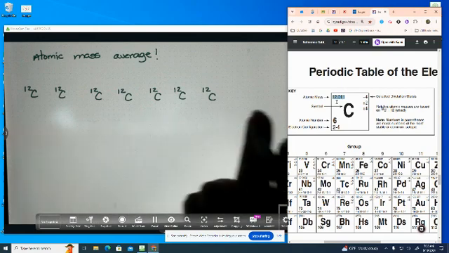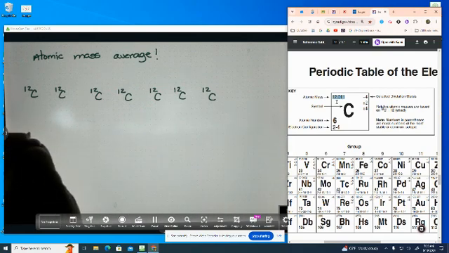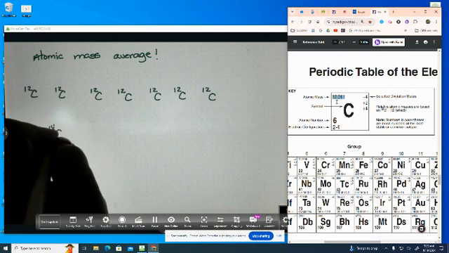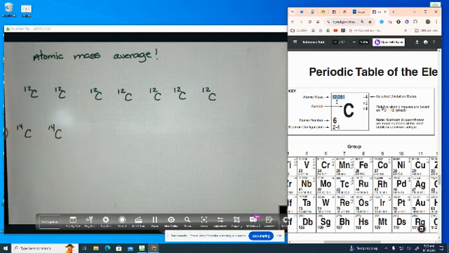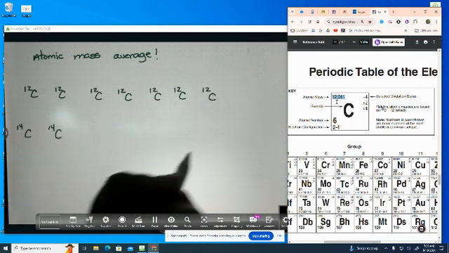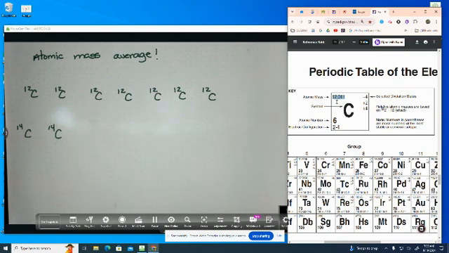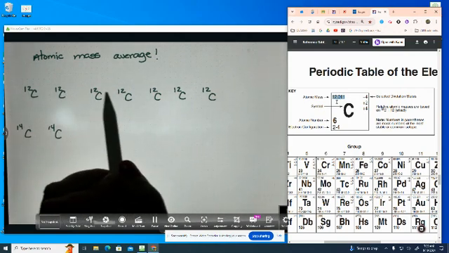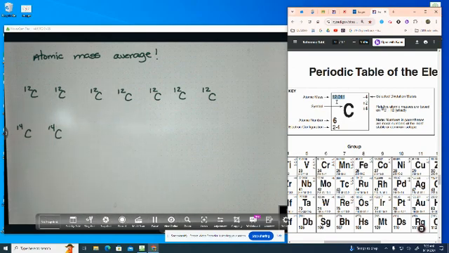If we have 7 carbon 12s and we have 2 carbon 14s, that's a total of 9. If I wanted to find the average, I would take 12 plus 12 plus 12 plus 12. So somebody with a calculator, because I don't have one in front of me. Actually, I do. Let's add them all up.